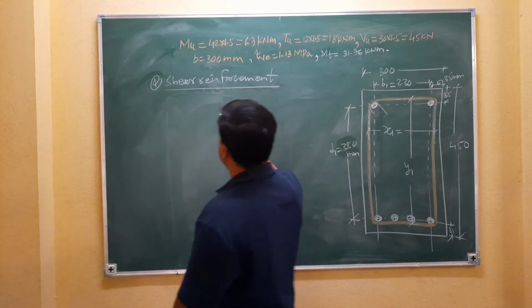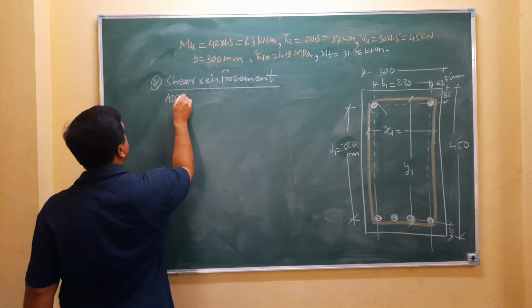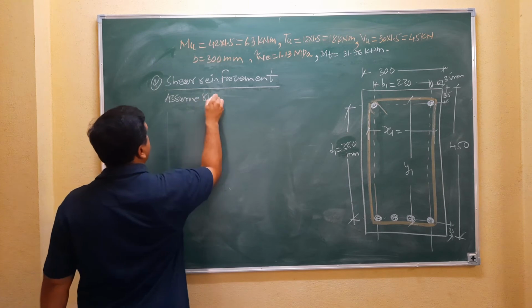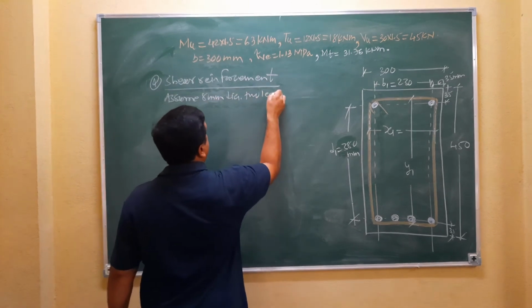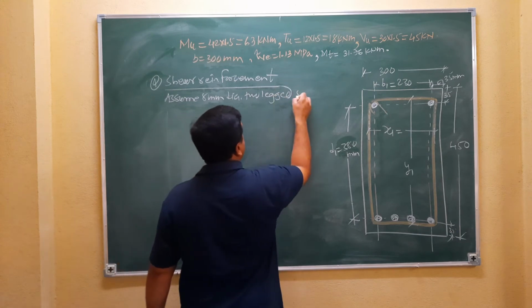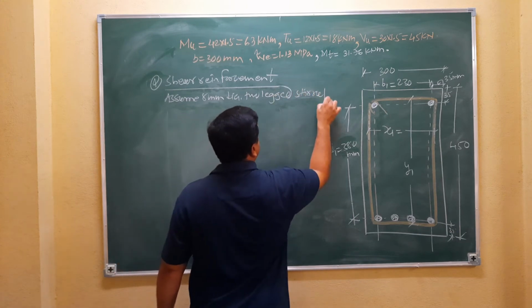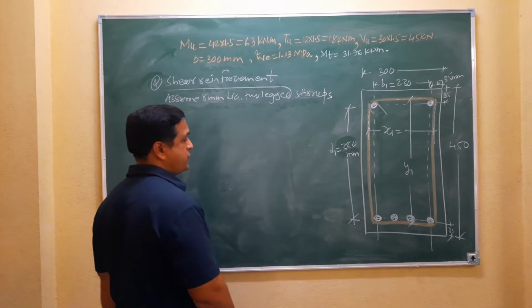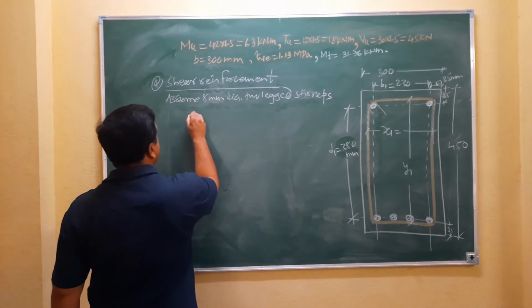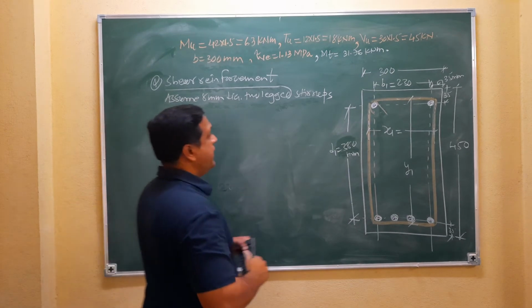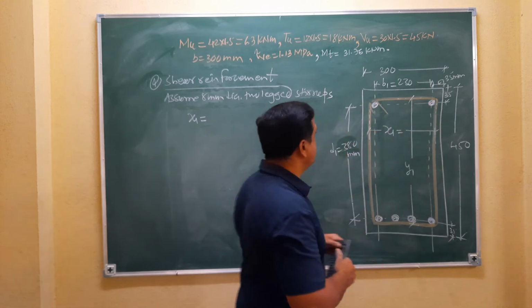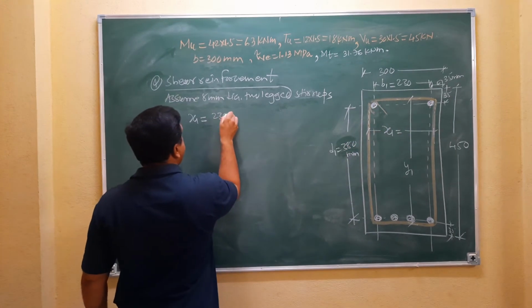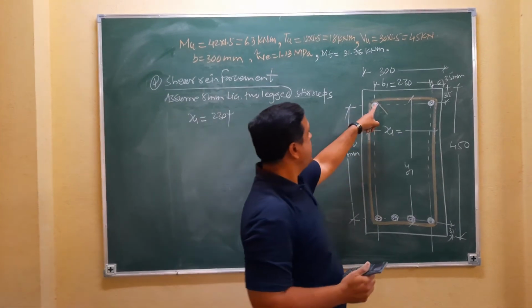For that you have to assume 8 mm diameter 2-legged stirrups. So first we have to find out the x1 and y1. What is the x1? X1 is this distance, 230 plus half diameter of this bar.